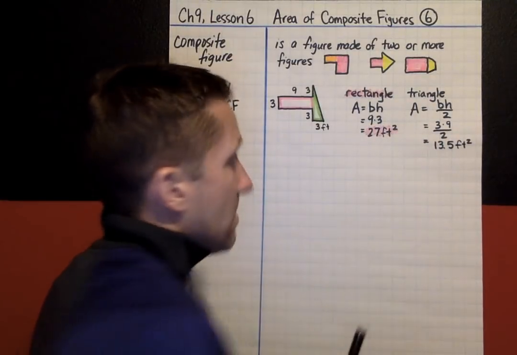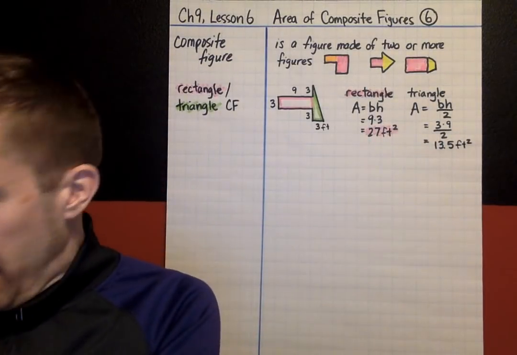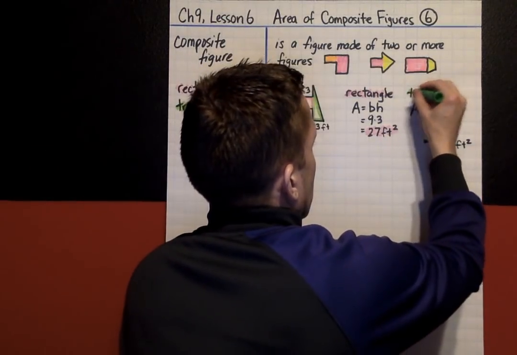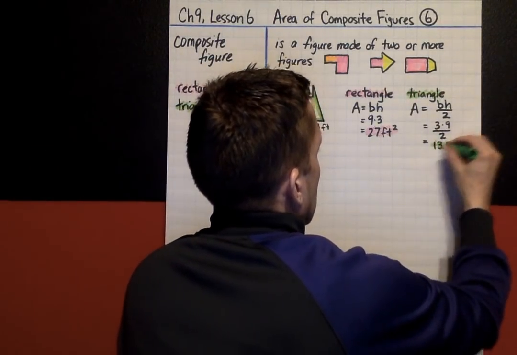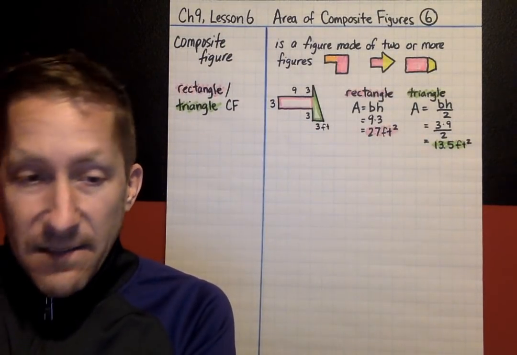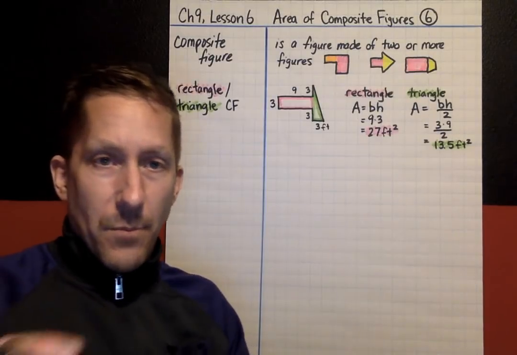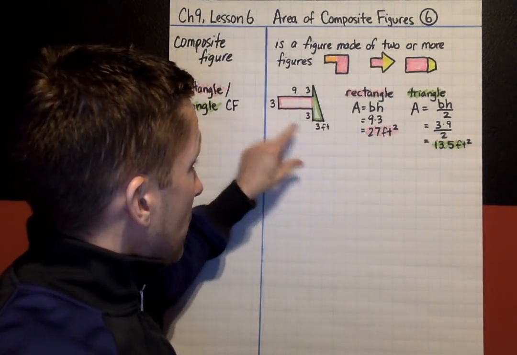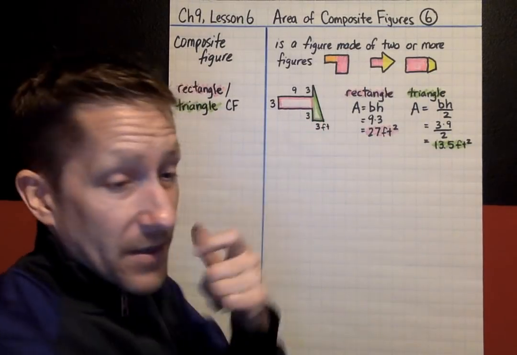So now we know the area of the rectangle, 27 feet squared. We also know the area of the triangle, 13.5 feet squared. The very last thing we have to do is put them together. It's one total figure. We're combining the rectangle area with the triangle.